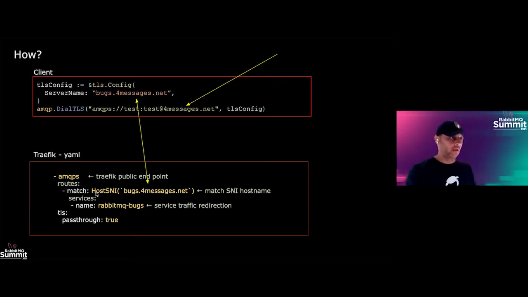And thanks to the match on the host SNI, you can redirect the traffic to the internal RabbitMQ Bugs, that is the internal service in Kubernetes. In this example, we use the TLS pass-through. Then we will speak also about that.